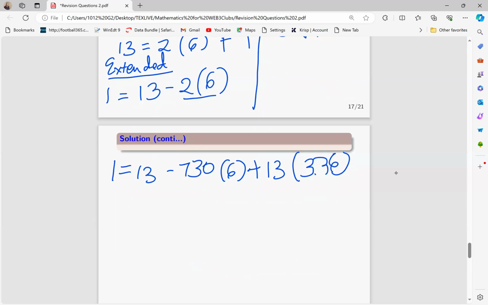Collect like terms together, so that is 13 into 337 minus 730 times 6.